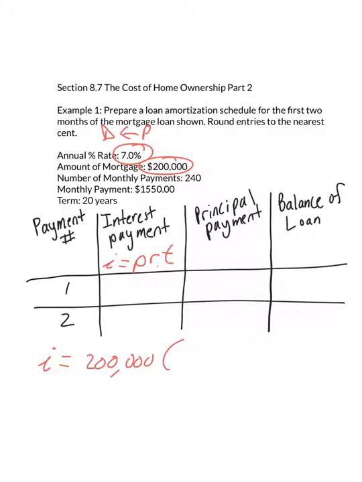So 7% is the same as 0.07, times the time is 1 month. But to convert it to years, we divide months by 12. In other words, 1 month is 1/12 of a year. For this type of chart, you're always going to be plugging in 1/12 into time. It's always going to be 1 month at a time. And so in your calculator, you're just simply multiplying 200,000 times 0.07 times 1/12.